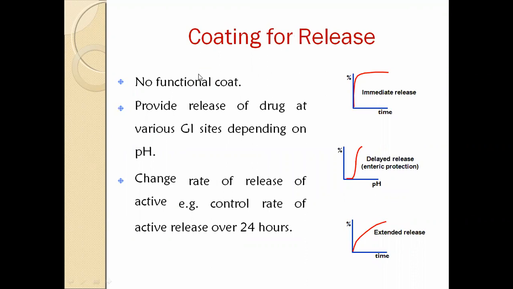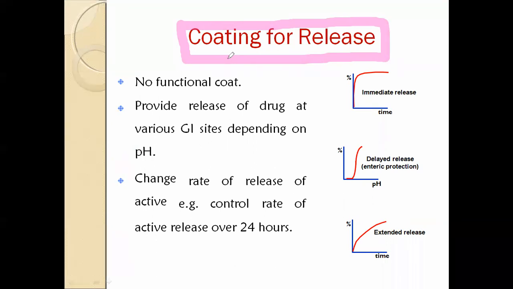Now, one of the important points which we discuss regarding why we go for coating is we can modify the release pattern of the core. So your core can be a tablet, it can be a capsule, or even it can be granules. Now, suppose no functional coating is provided to a tablet core, what will happen?